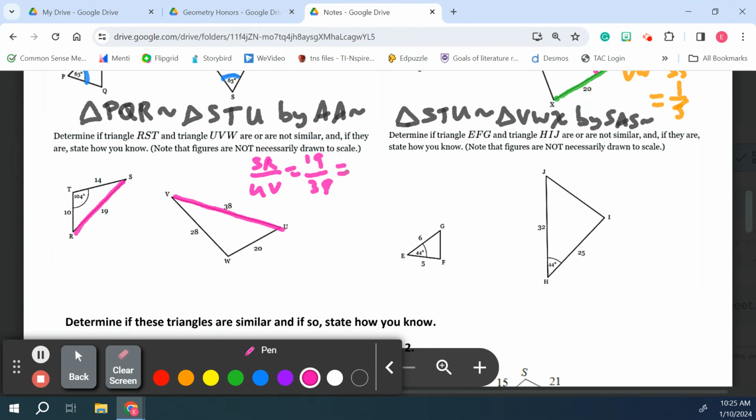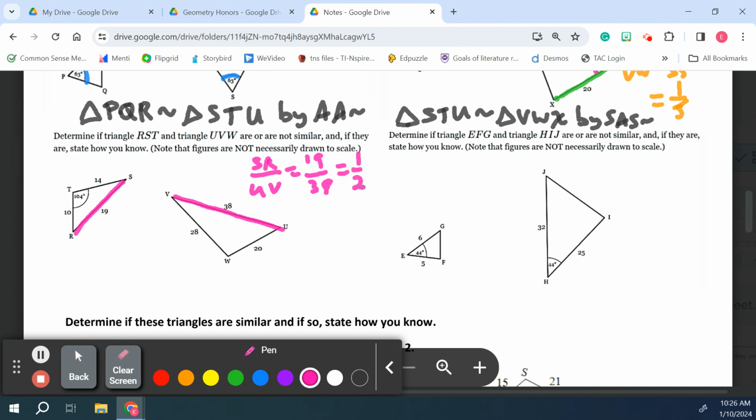What does that reduce to? Anybody? Okay. 1 over 2, so it's 1/2.